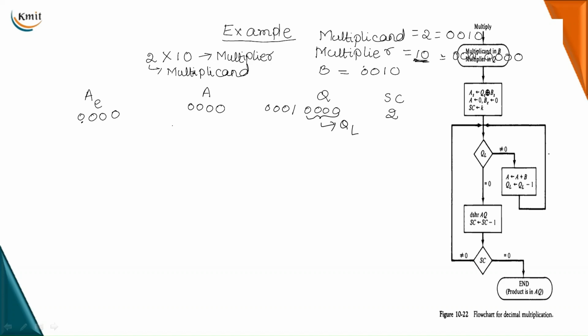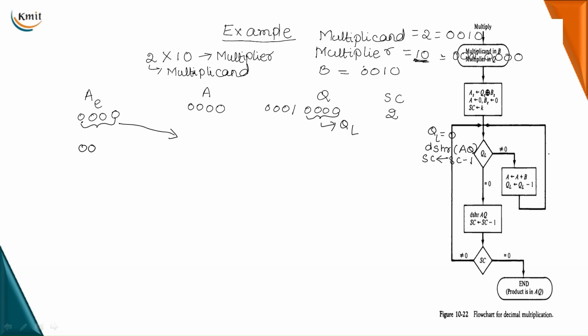First we start by checking QL. QL is equal to 0. When QL is equal to 0, we have to perform a decimal shift right on the contents of AQ and decrement the sequence counter by 1. When you perform a decimal shift right, the entire bits of the register shift towards the right.